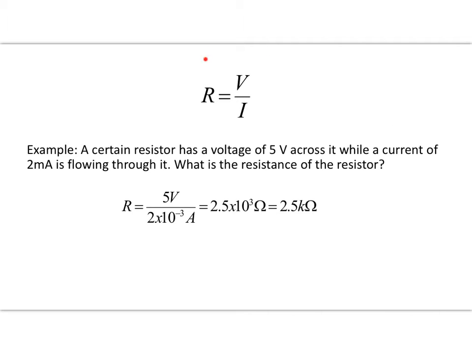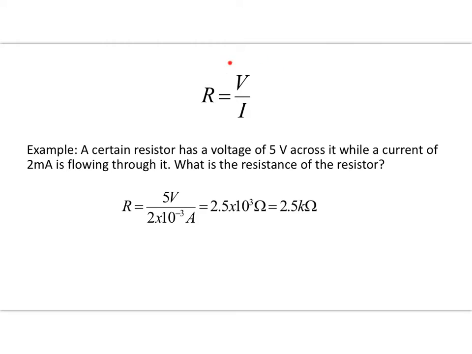So here is the third form of Ohm's law, solved for resistance. R is equal to V divided by I. So we have a certain resistor that's got a voltage of 5 volts across it, while there is 2 milliamps flowing through it. We want to determine the resistance of the resistor.